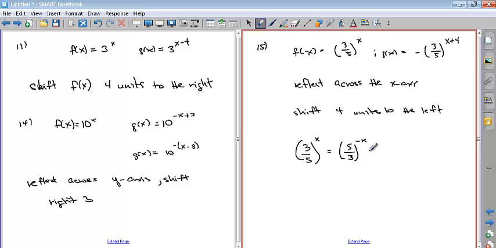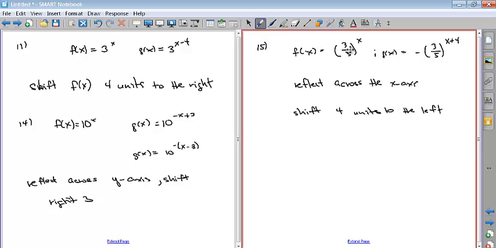Well, if you had 5 to the minus x divided by 3 to the minus x, then you can move this to the numerator and that to the denominator. You have 3 to the x over 5 to the x. And then because you have the same exponents, you can do 3/5 to the x. So that's why they ended up being the same thing. So having a number between 0 and 1 looks the same as a number greater than 1 raised to the negative exponent.